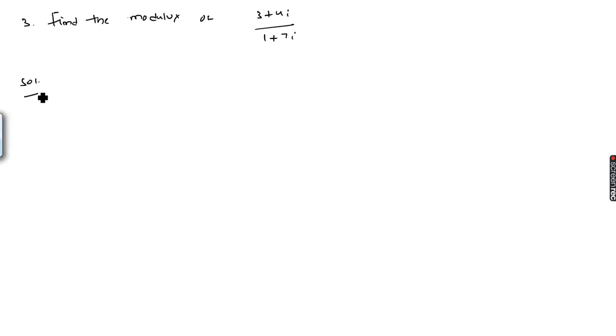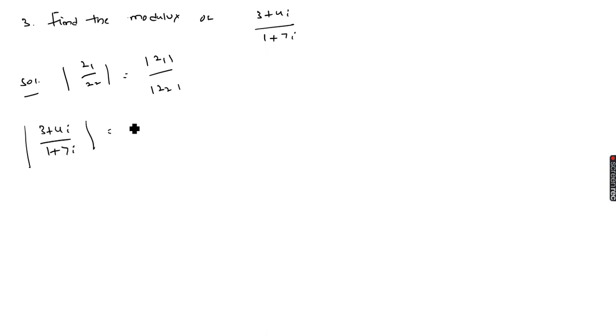So here, if we have the form mod of z1 by z2, where z1 and z2 are two complex numbers, we separate the two modulus values, that is mod z1 by mod z2. Therefore mod of (3 plus 4i) by (1 plus 7i) can be written as mod of (3 plus 4i) by mod of (1 plus 7i).